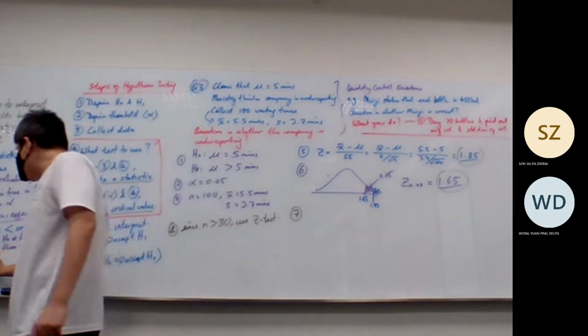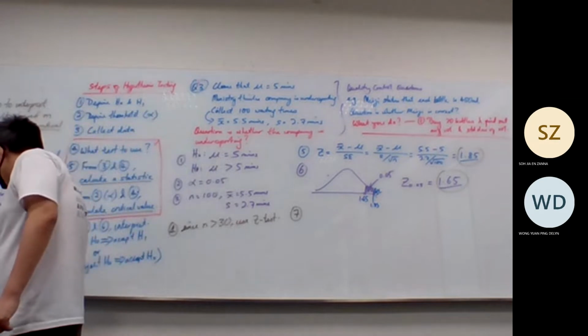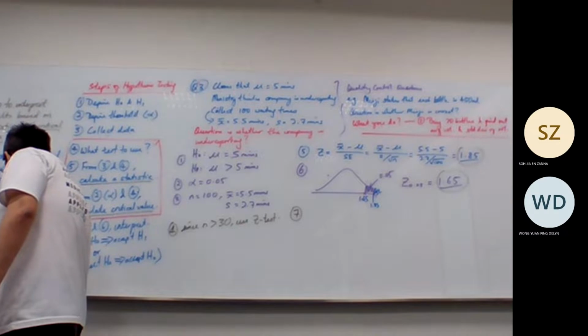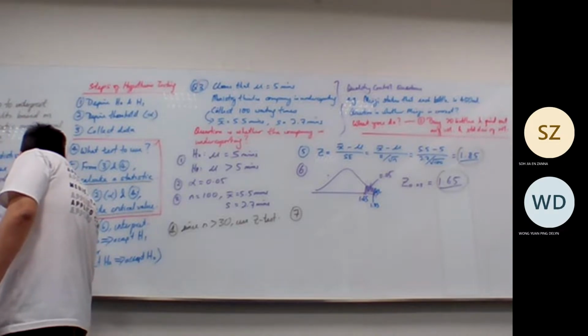Okay, more than alpha means that you fail to reject your null hypothesis.